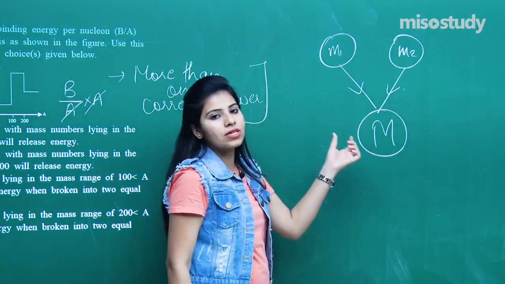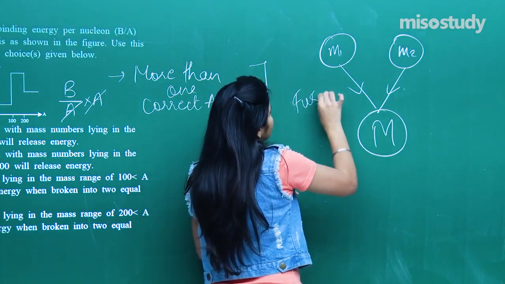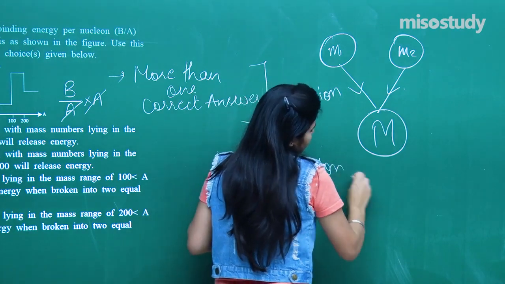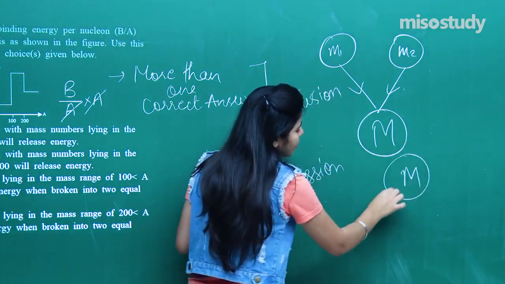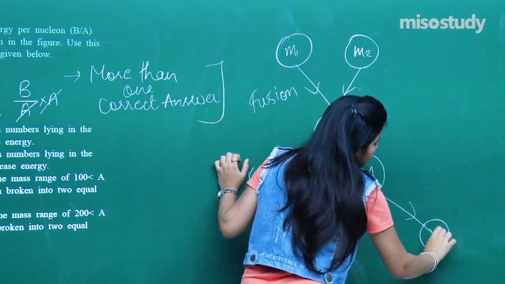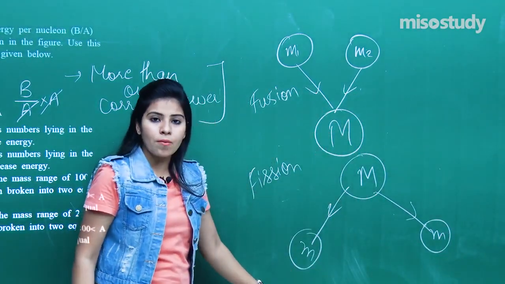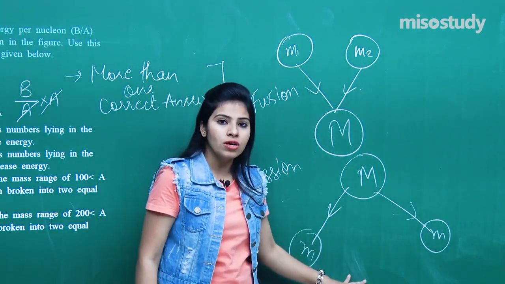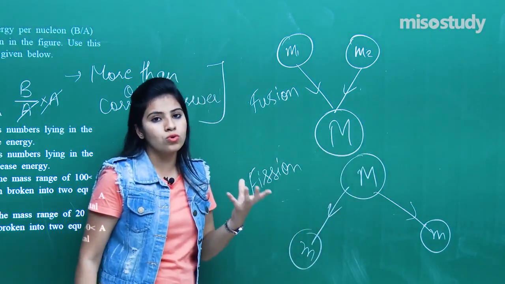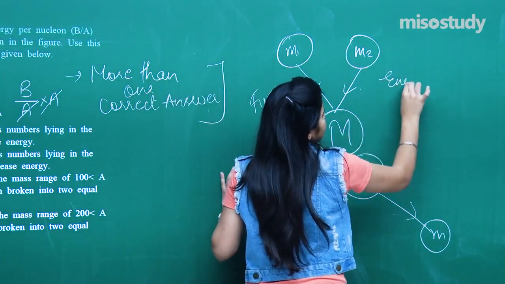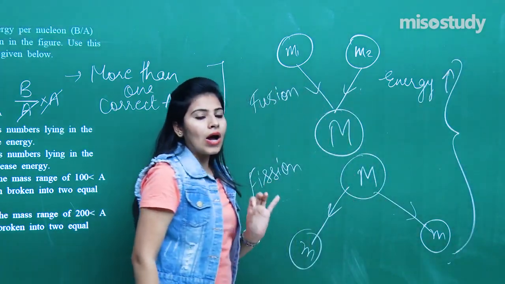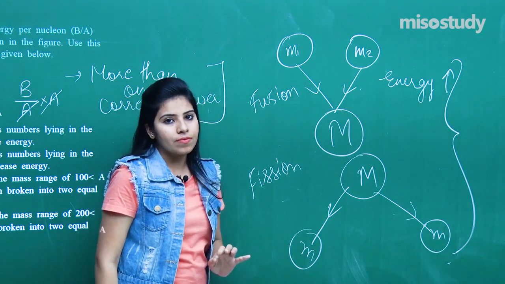And in the case of fission, this is a heavier nuclei, say capital M. It is breaking down into 2 components, say M and M. This is the process of fission, and you can see that in both these processes, energy is going to be released.